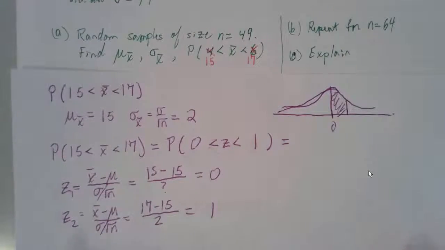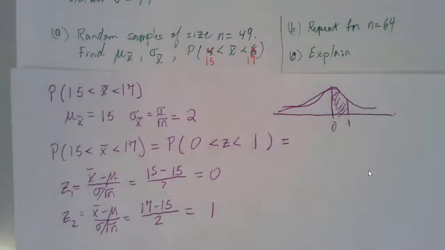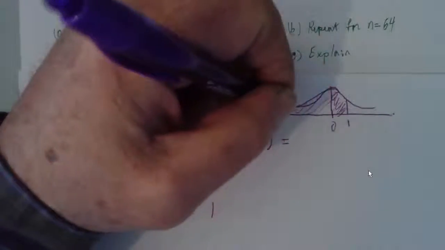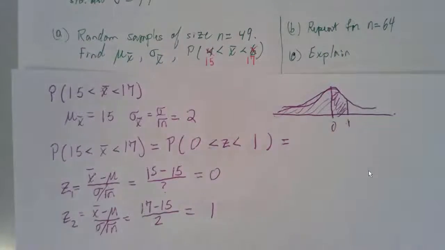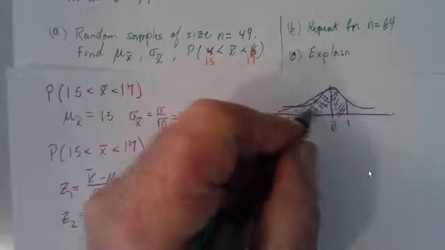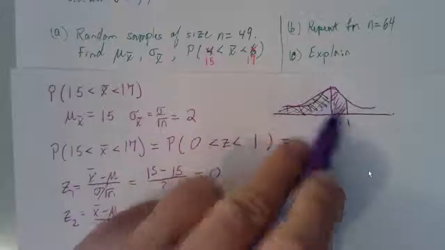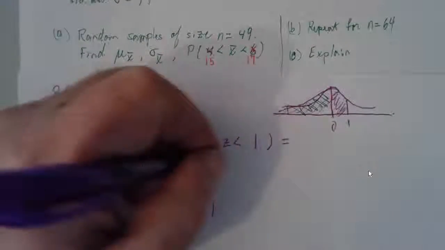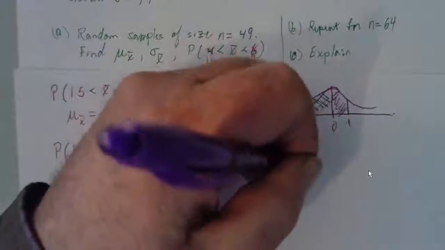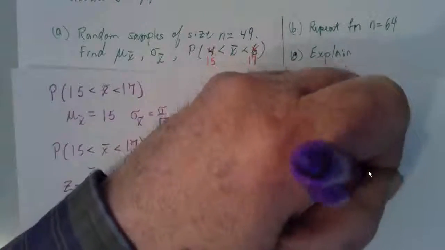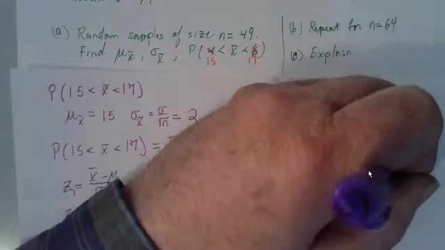Now, your table won't give you that, but what you could do is compute the area that is less than 1, which would take all of this, and then subtract off the area that's less than 0, which is there, and you'd have in between this value right here. So the probability that z is less than 1 minus the probability that z is less than 0.